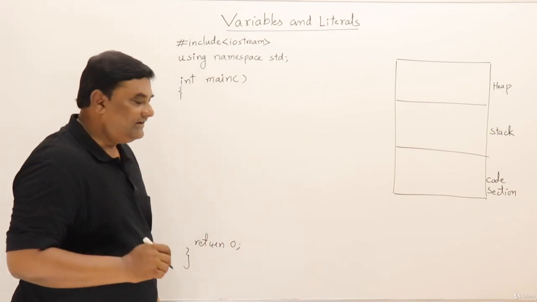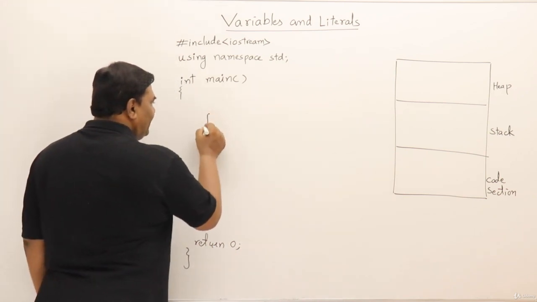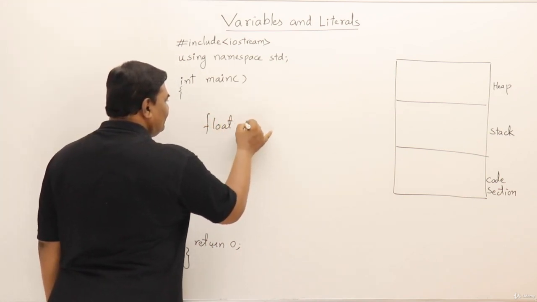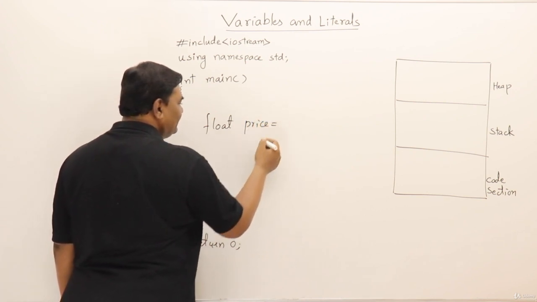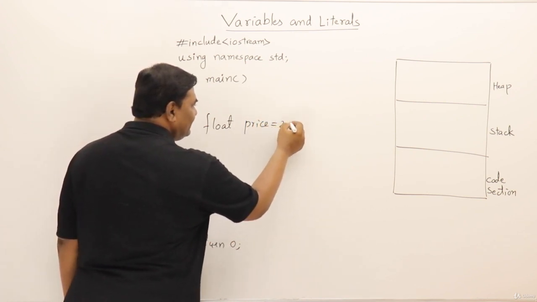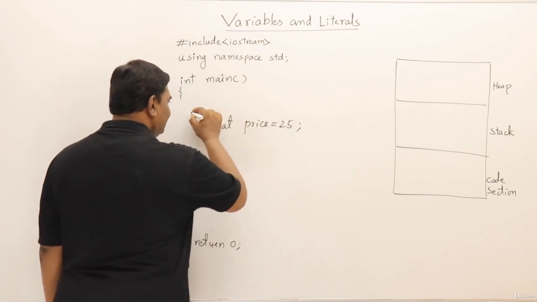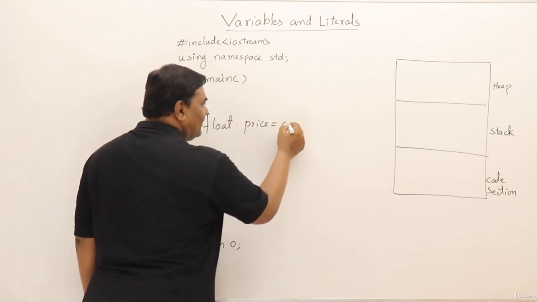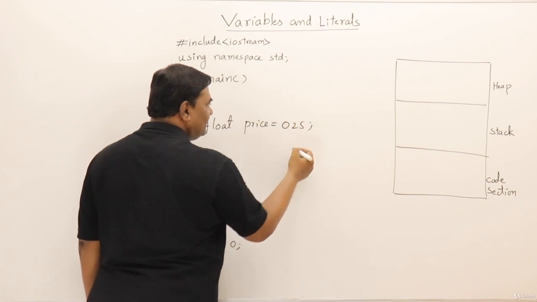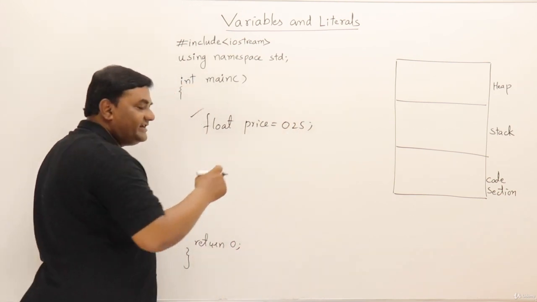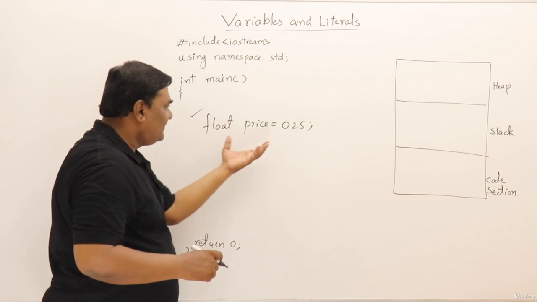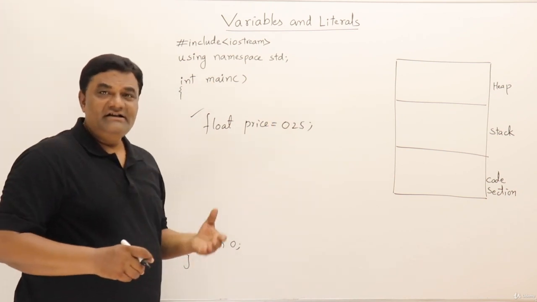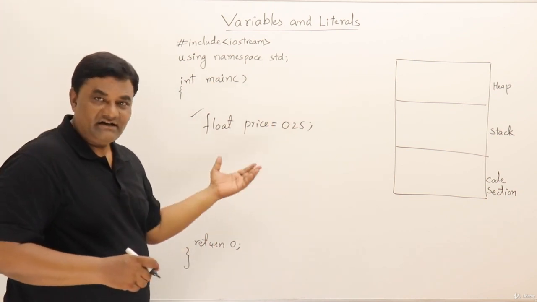Now next is float literal. If I am declaring a float variable price, then can I assign an integer value? Yes, allowed. Can I assign an octal number? Yes, this is also an integer literal. So to a float variable, I can assign an integer literal. Integer is smaller than float, so it is allowed.